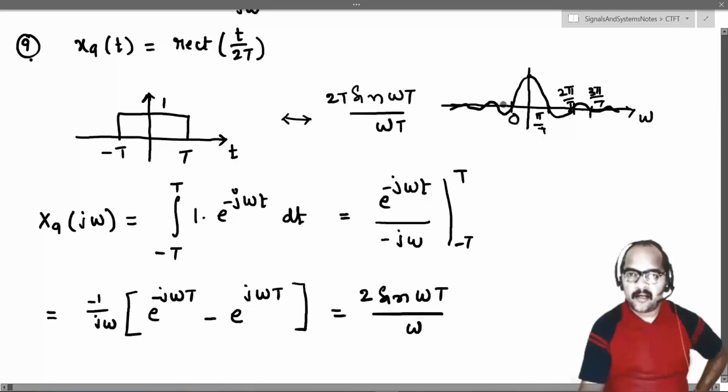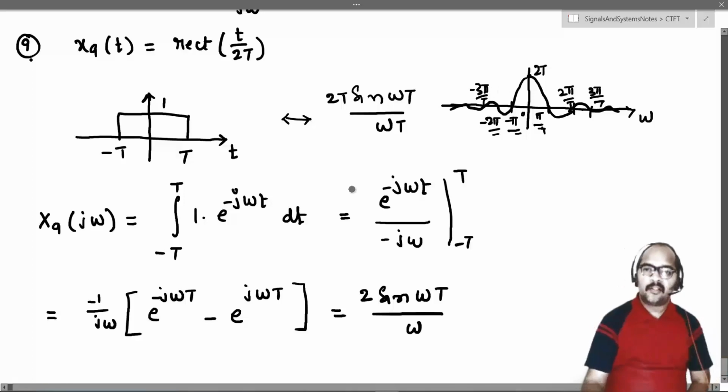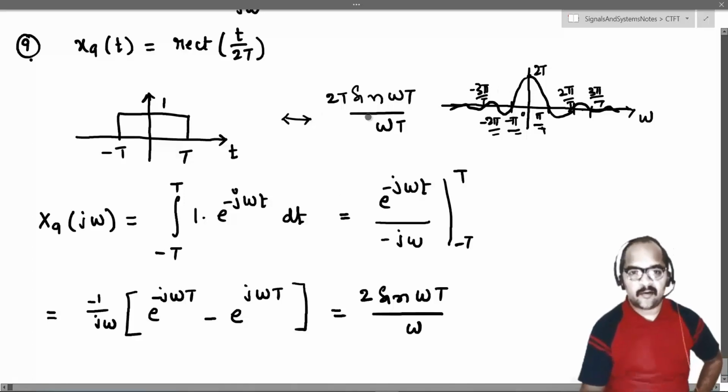In the negative direction also you will get zeros, so this is 0. This would be minus pi by t, this would be minus 2 pi by t, and this would be minus 3 pi by t and so on. And what is the amplitude at 0? At 0 you will get 2t.